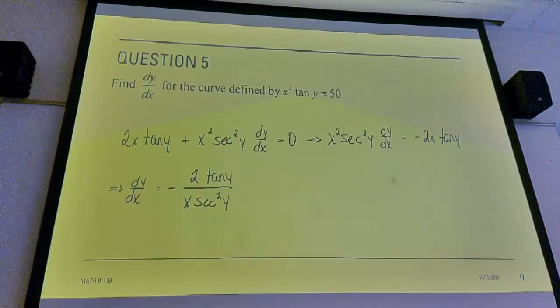Like that. Can that be simplified? No? No. Can. Is it required? No.